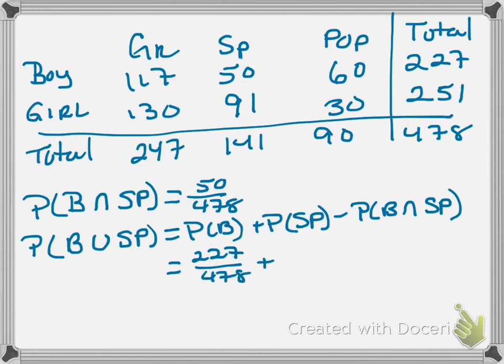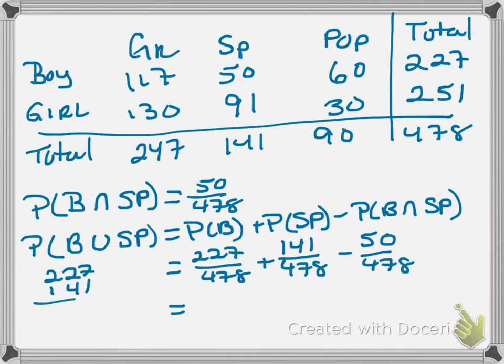The probability they like sports is 141 divided by 478. And the probability that they like both is 50 divided by 478. So what is that going to be? 227 plus 141, which is 368, minus 50. That gives me 318 divided by 478. So you see how we do it with table math? All right, great.